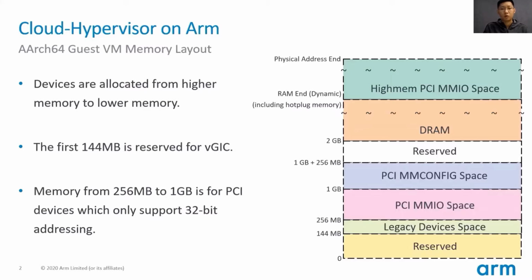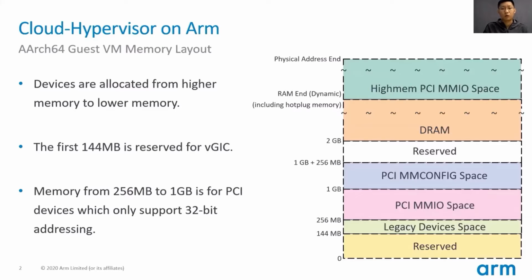The memory from 256 megabytes to 1 gigabyte is the first part of the PCI MMIO space, where the PCI devices which only support 32-bit addressing are allocated. The first 256 megabytes memory from 1 gigabyte to 2 gigabyte is for the PCI MMCONFIG, and the rest is reserved for the future use.